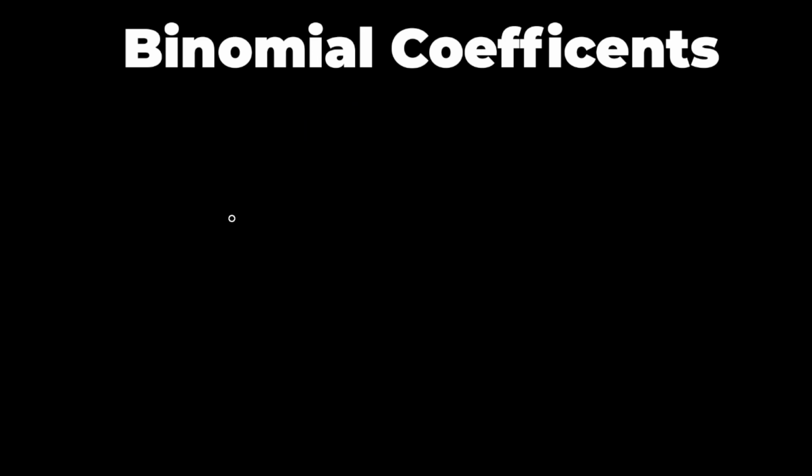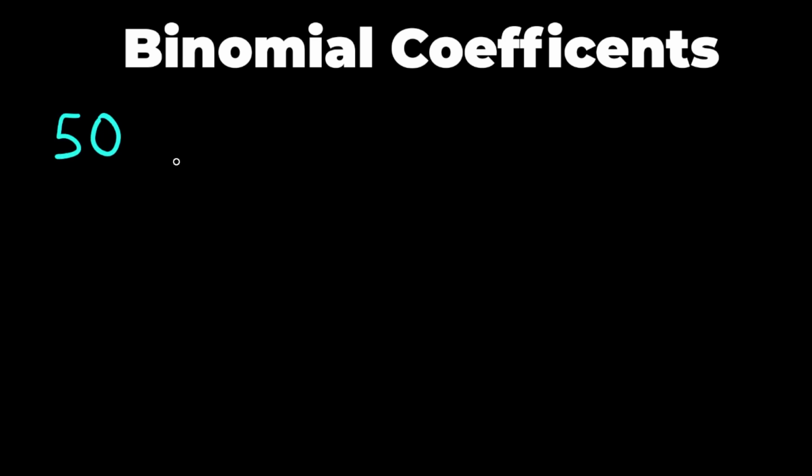So let's show why this is powerful with an example. Imagine you're in a classroom and your teacher says, I want you to divide yourselves in half. And because you love probability so much, your brain just starts going crazy thinking, how many possible ways are there to do that? We can answer that with binomial coefficients. Let's say there are 50 people in your class.